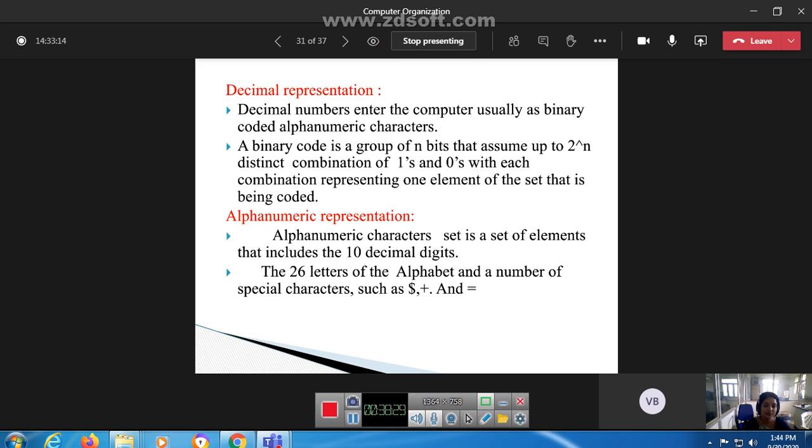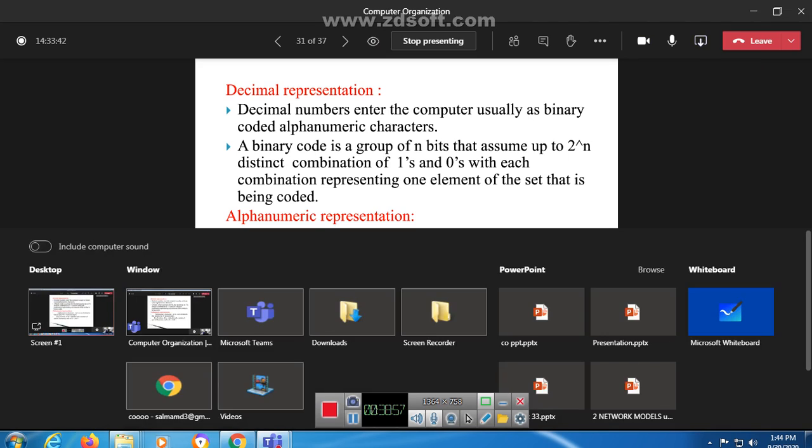It uses 7 bits to code 128 characters. The binary code for the uppercase letters, the decimal digits and a few special characters is listed in this table. So binary code plays an important role in digital computer operations. The codes must be binary because registers can only hold binary information. So this is called the alphanumerical representation.